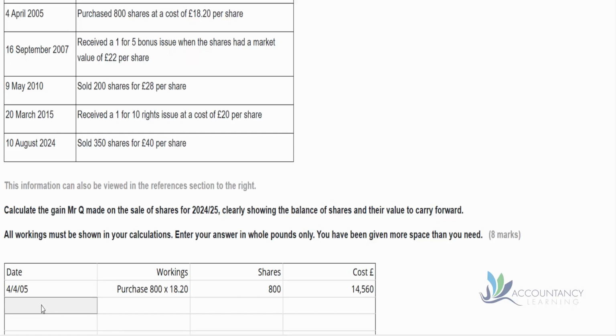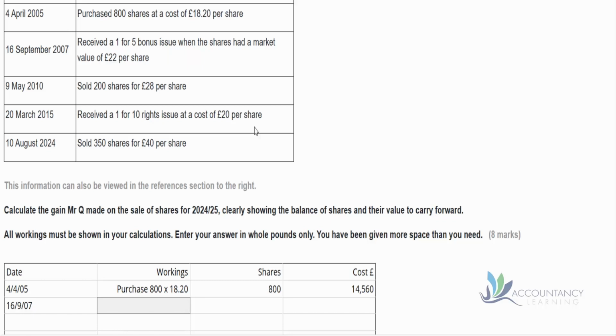So on the 16th of September 2007, we received a 1 for 5 bonus issue. So let's remind ourselves what a bonus issue is. This is a mechanism for companies to reward their existing shareholders. What they're going to do is give free shares to the existing shareholders, based on a proportion of how many shares they have at the moment.